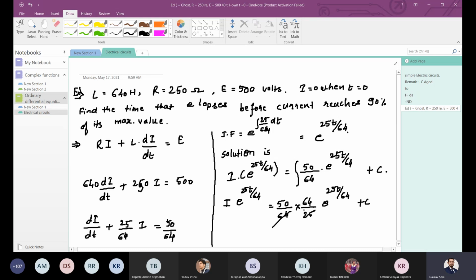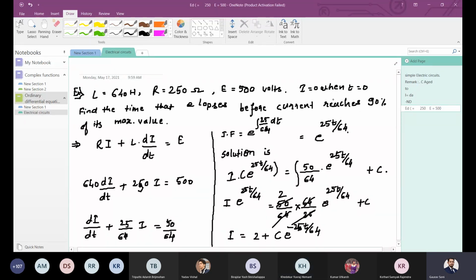So this 25 gets cancelled out, leaving 2. So what is I? I is equal to, sending this to the other side, 2 plus c into e to the power minus 25 t by 64. Any problem up to this? No, sir.